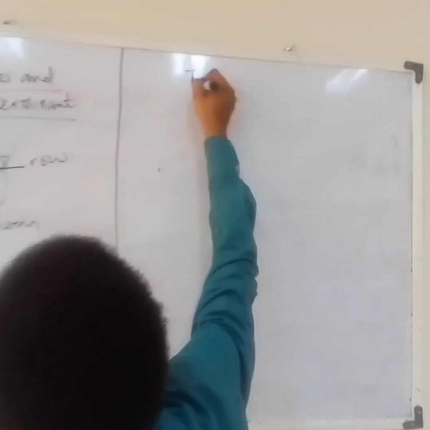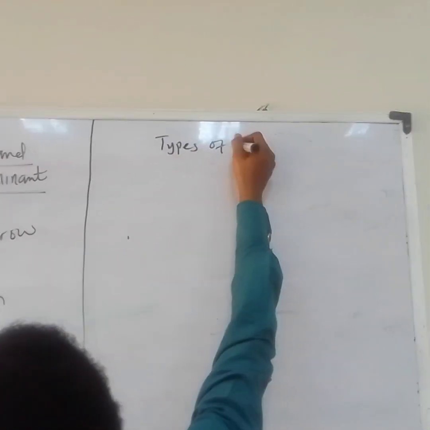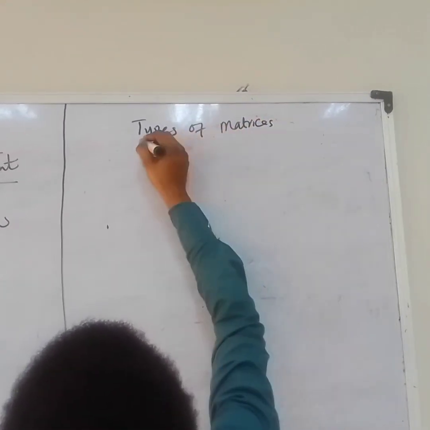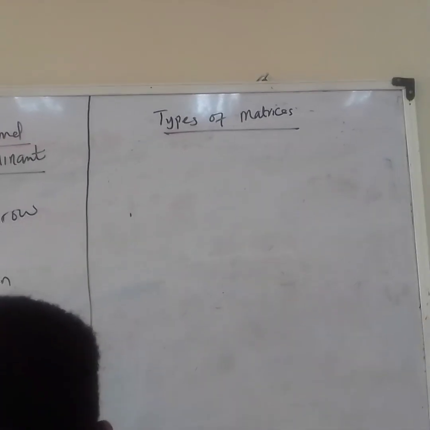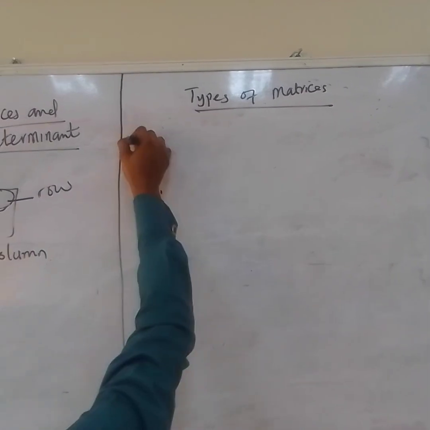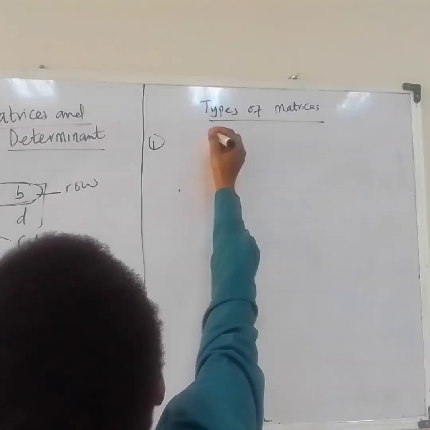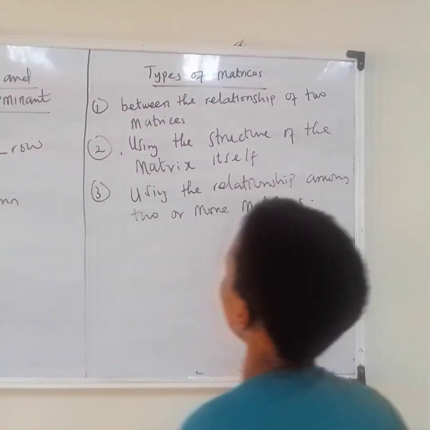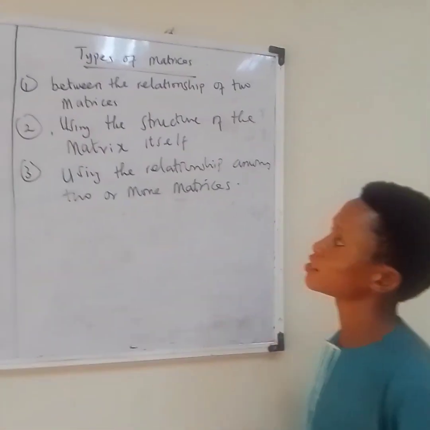Types of matrix. Number one, we have types of matrix. So these are the three types of matrix that we have.